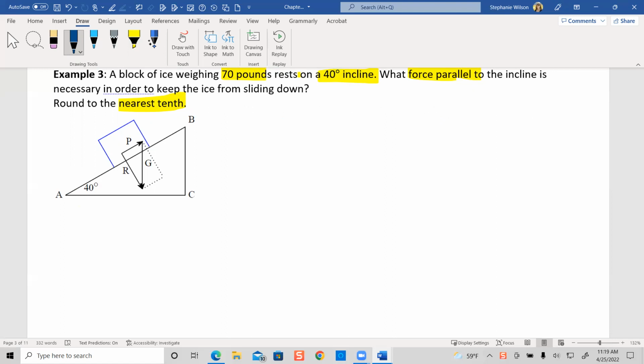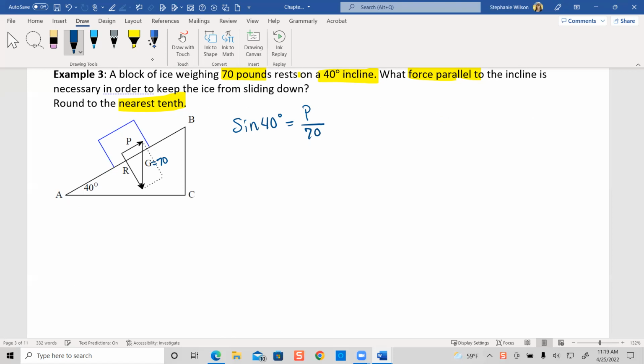Since we know that we have 40 degrees and that G is 70, we can say sine of that angle is equal to P over G, because P is parallel to the incline. We're solving for P, and G is 70.